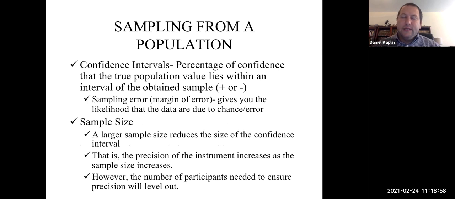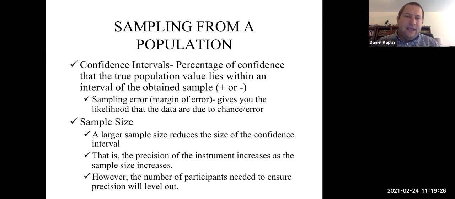So let's talk about confidence intervals. Confidence intervals, you'll see this on many psychological tests. This is the percentage or confidence that the true population lies within that sample. So you might see plus or minus 10%, plus or minus 5%, plus or minus 3 or 2.5%. And that is your margin of error, right?